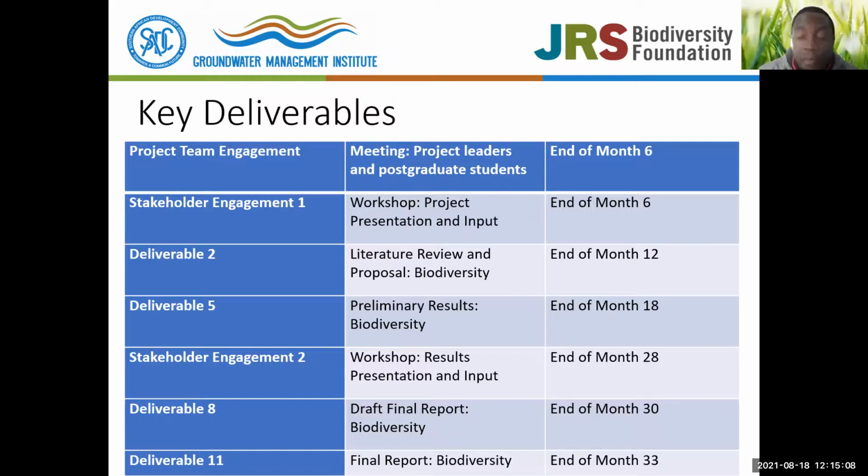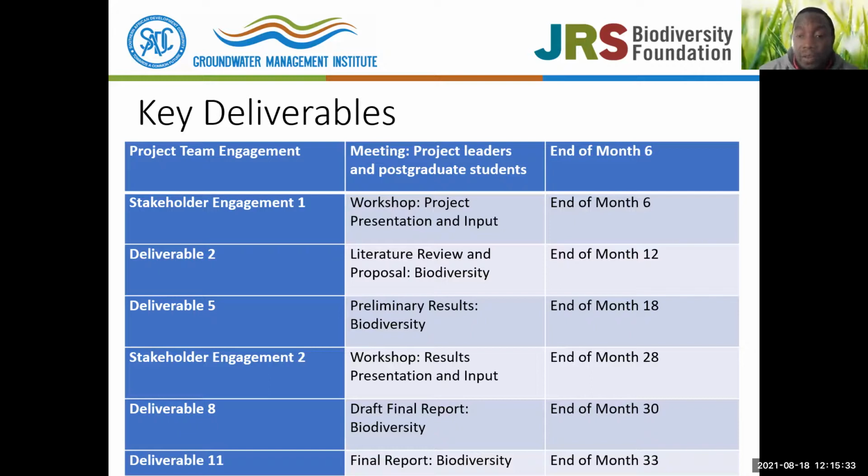So the next deliverable will be in late December, early January, that will look at the preliminary results from the biodiversity component. Then we're going to have a stakeholder engagement workshop that will try to present the results and provide some inputs from the stakeholders.